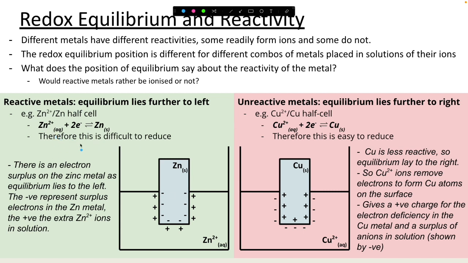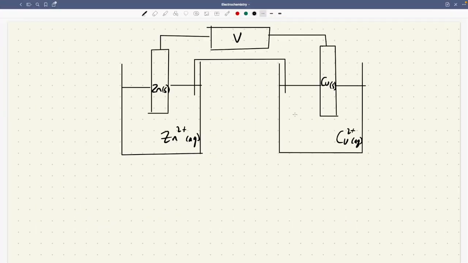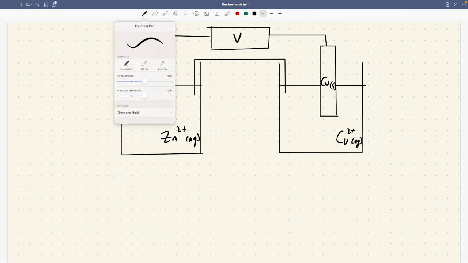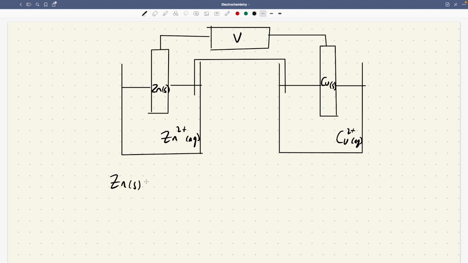So we've said that for the zinc, a reactive metal, the equilibrium lies further to the left. It very much wants to exist as the zinc ions, meaning it's difficult to reduce. If it's difficult to reduce compared to something that's easy to reduce, this is not going to be reduced, this is going to be oxidized. So our zinc is going to be undergoing the oxidation half reaction. So we're going to have the zinc solid going to the zinc ions and electrons.